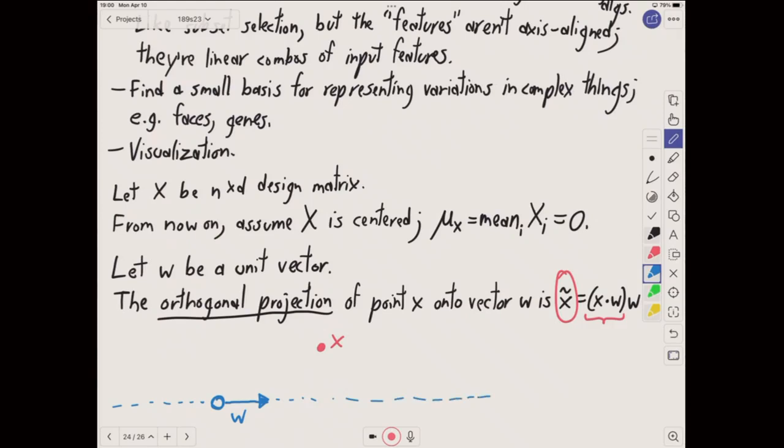So the orthogonal projection means that I'm going to drop an orthogonal line segment down to that blue dashed line, and whatever point it hits, that's my projection x tilde.